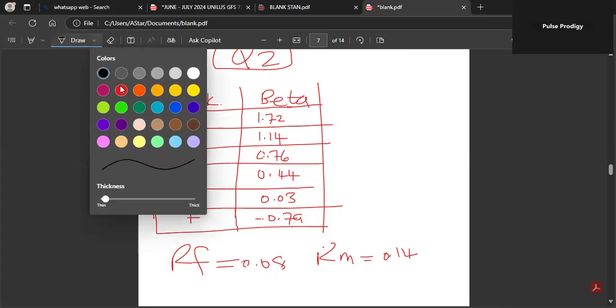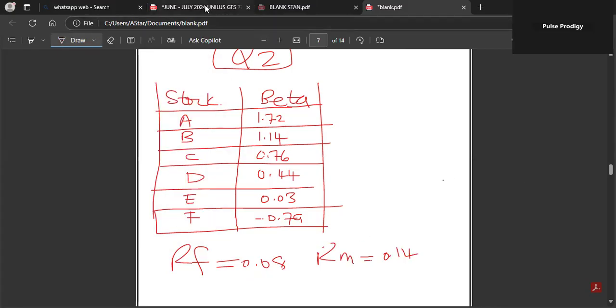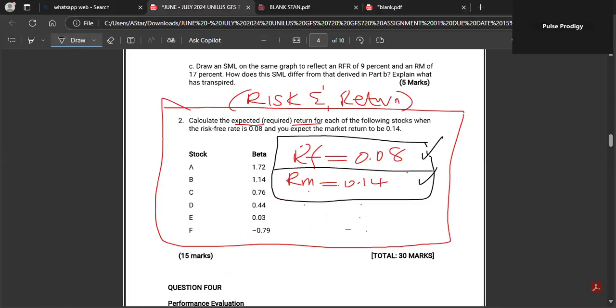Okay, so what are they asking us now? They want us to calculate the required rate of return.